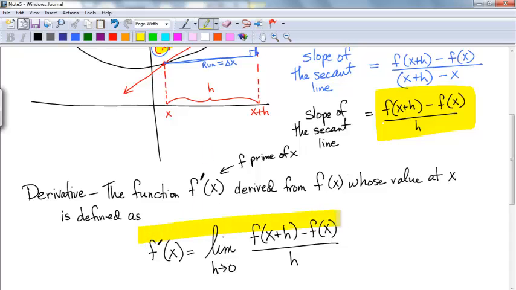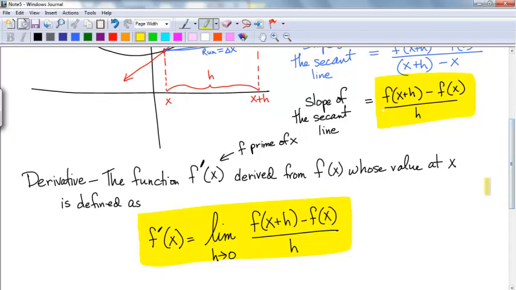This whole thing is the formula for f prime, which is actually called the first derivative, because we'll end up with f double prime. You can have as many primes as it will allow. And this formula, instead of being the slope of the secant line, is the slope of the tangent line when you let that h go to 0.